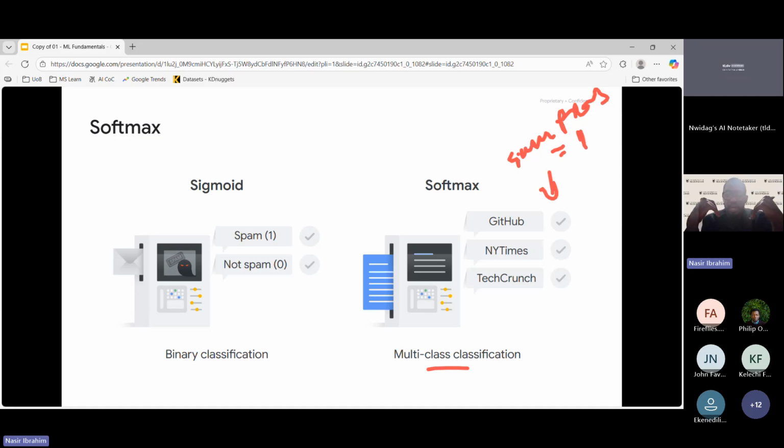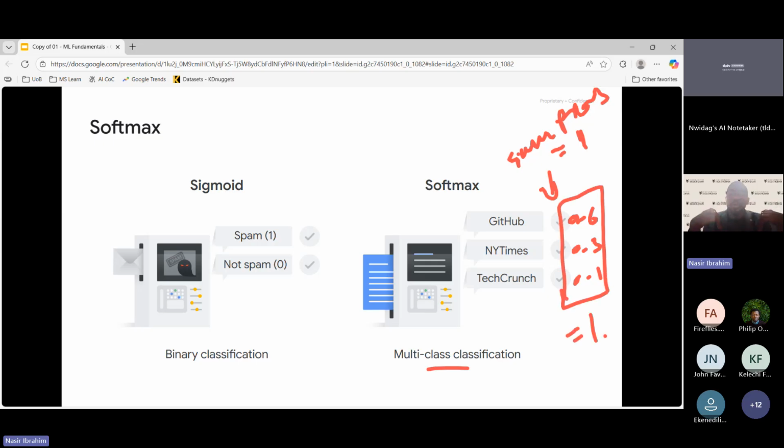For example, if you give it a sample, it might tell you the probability of this article being GitHub is 0.6, New York would be 0.3, and TechCrunch would be 0.1. If you sum these probabilities, it's going to amount to 1.